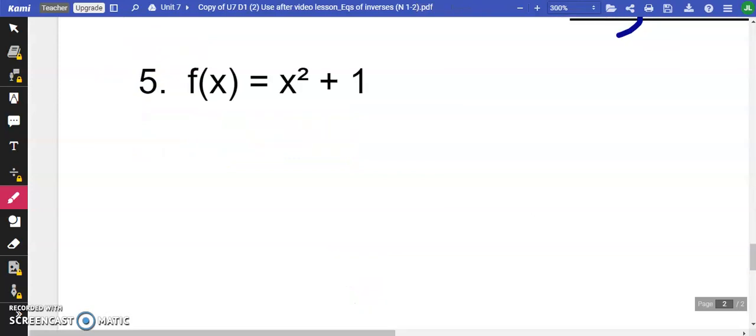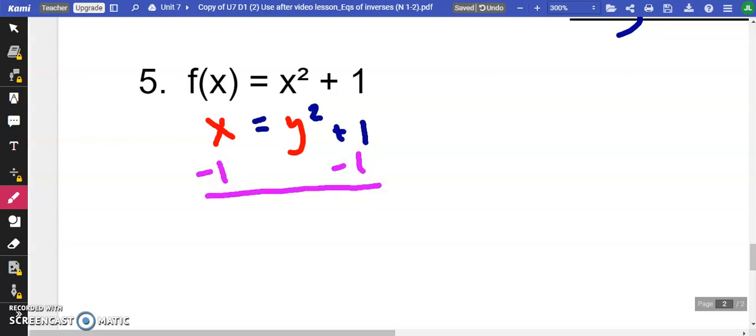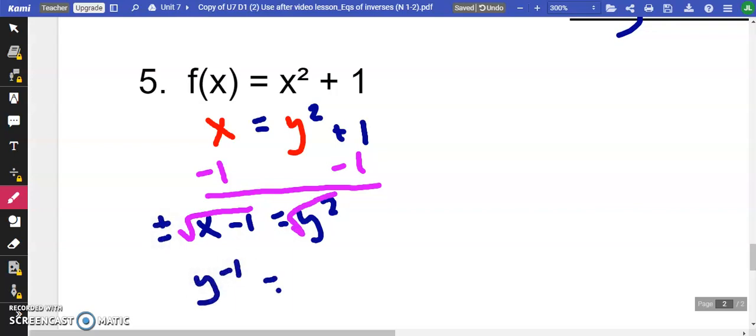For our final example, we'll go ahead and do the same steps as we had seen before. So my inverse for this one is going to be plus or minus square root x minus 1.